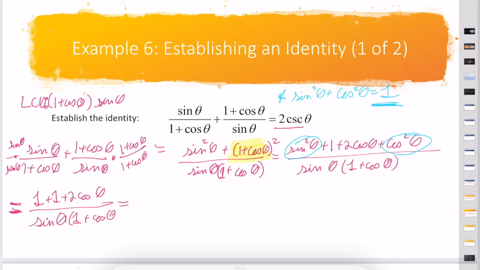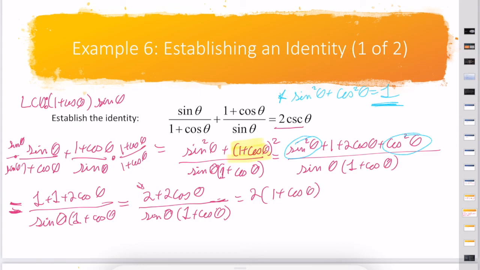That equals 2 plus 2 cosine of theta over sine of theta times 1 plus cosine of theta. And now I'm wondering, what should I do next? Well, if I look at that numerator, I can see that there's a factor of 2 I could factor out. So I have 2 times 1 plus cosine theta over sine of theta times 1 plus cosine of theta.